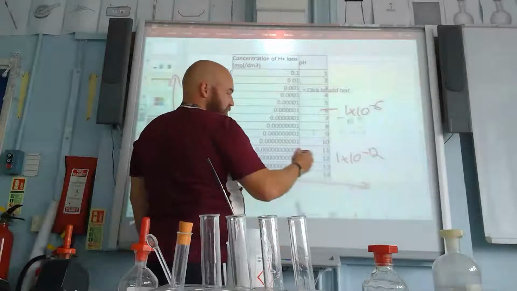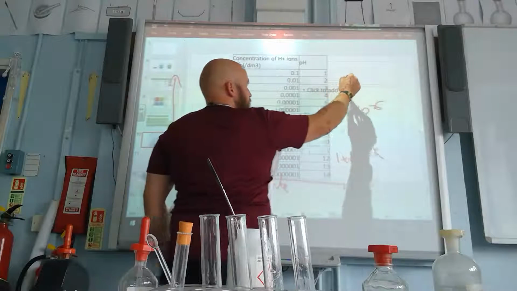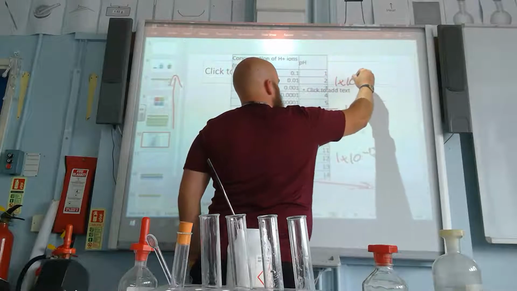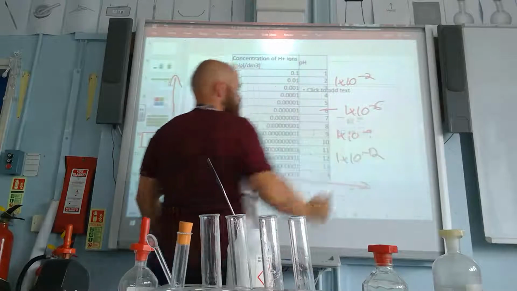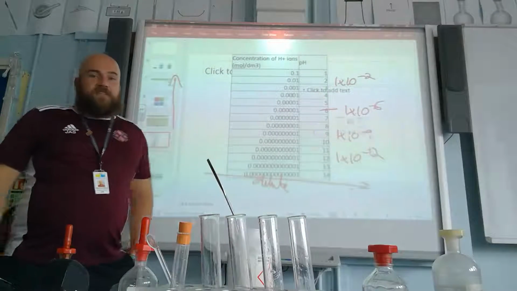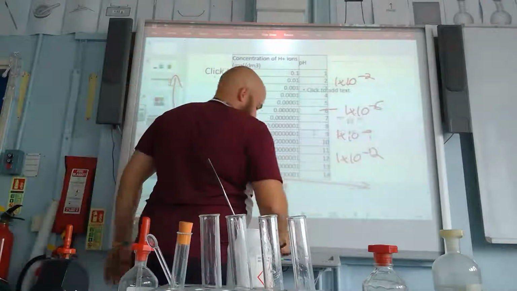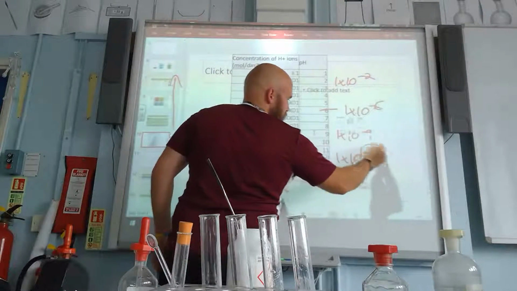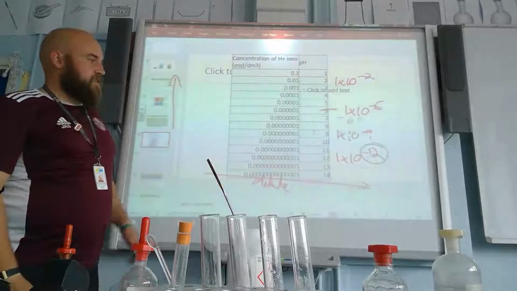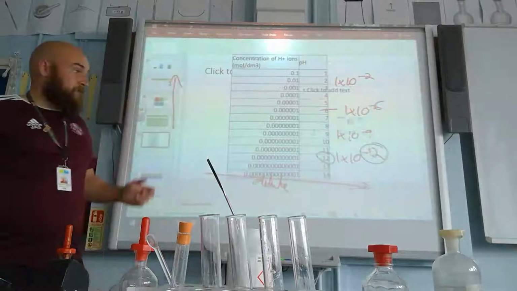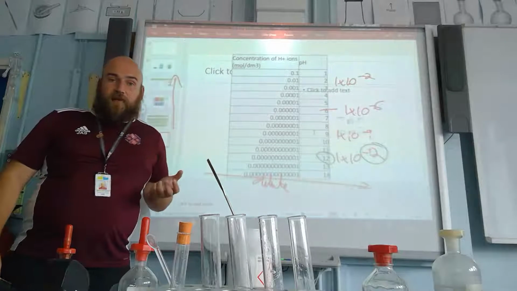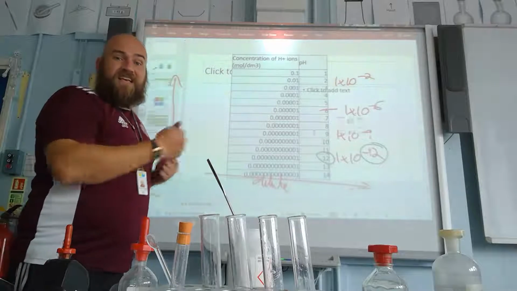So I now can see a pattern, so I know I can just put here 1 times 10 to the minus 2. 1 times 10 to the minus 9. Can you see that in standard form, the number of places you've moved it to is the pH? Effectively, the number of zeros before you get to 1 is the pH.